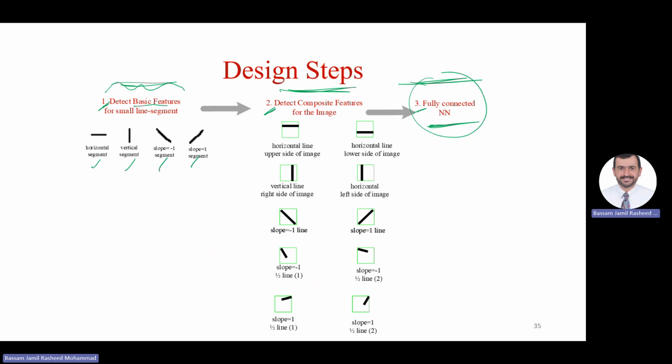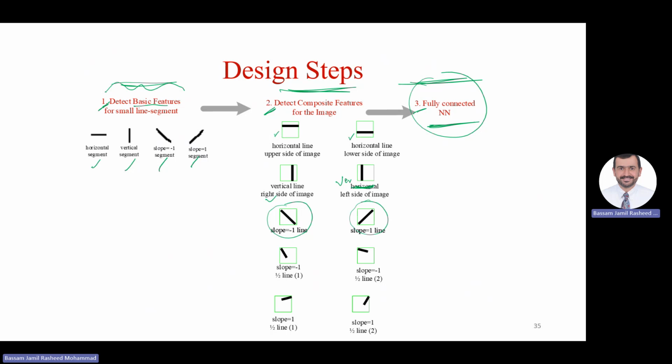These features include a horizontal line shifted a little bit to the top, a horizontal line at the bottom of the page, a vertical line not centered, a little bit to the right, and a vertical line to the left, and then a negative slope line and a positive slope line.